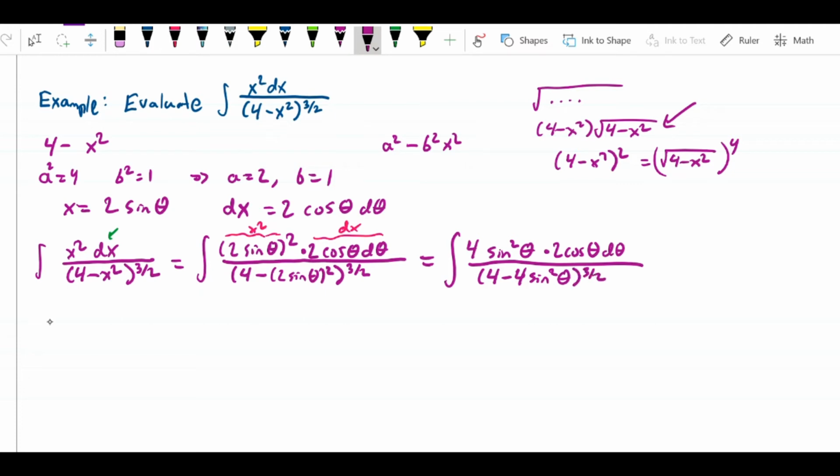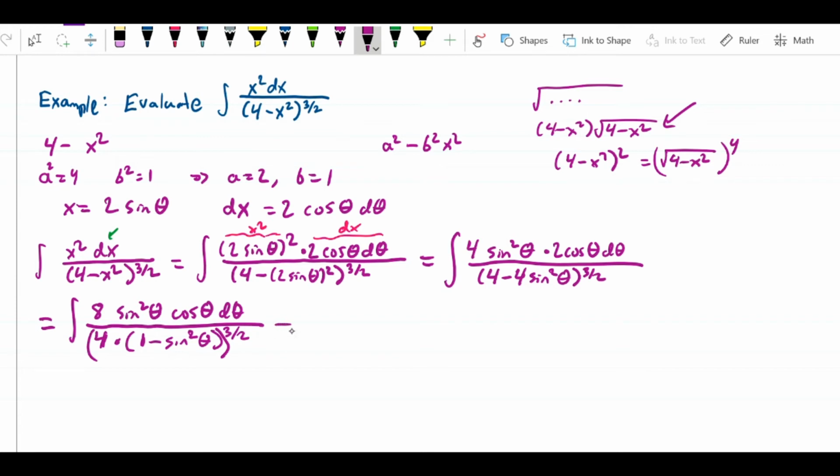On top we get 8 sine squared theta cosine theta d theta, and on the bottom I want to pull out a factor of 4. So I have 4 times 1 minus sine squared theta, and that whole thing goes to the 3/2.